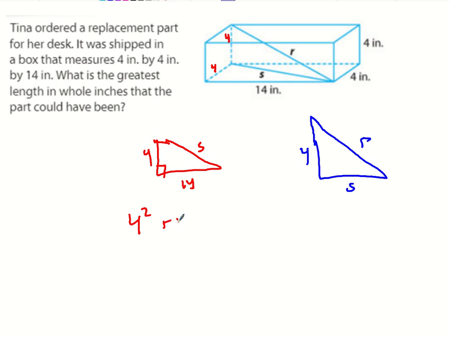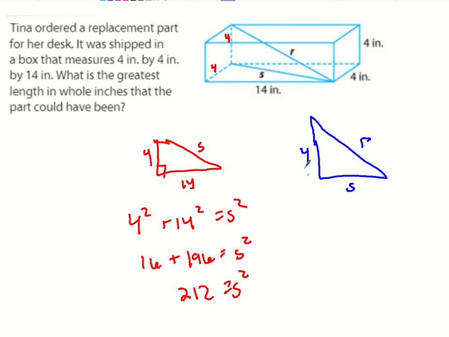So again, that's 4 squared plus 14 squared equals s squared. So that is going to be 16 plus 196 equals s squared. So s squared is whatever 16 plus 196 is, well that's going to be 212.